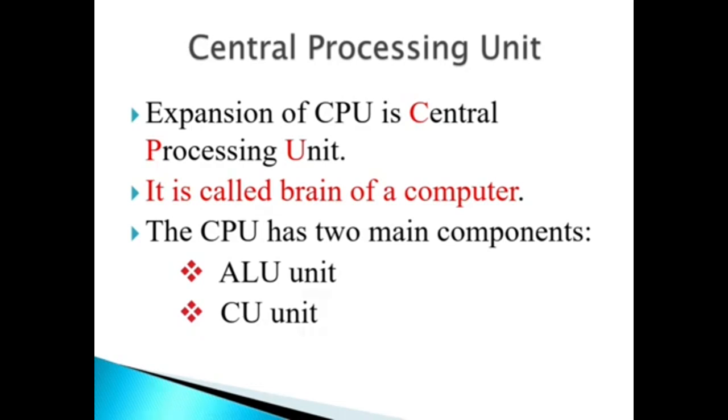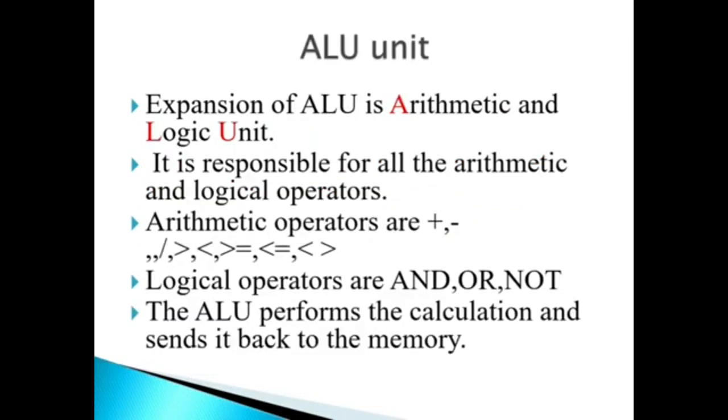It acts as the brain of the computer. The CPU has two main components. One is the ALU unit, the other one is the CU unit.